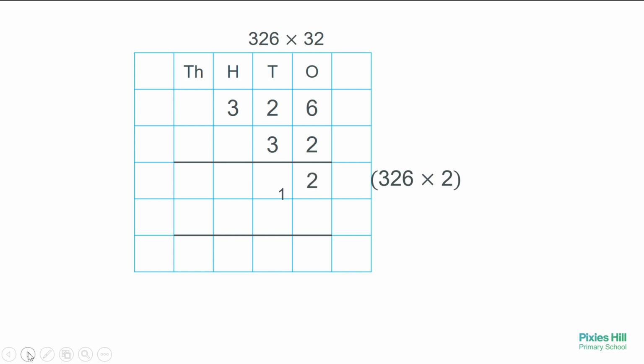Here we need to exchange 10 ones for 1 ten. 2 multiplied by 2 is 4. Add the 1 would equal 5. Then 3 multiplied by 2 is 6.